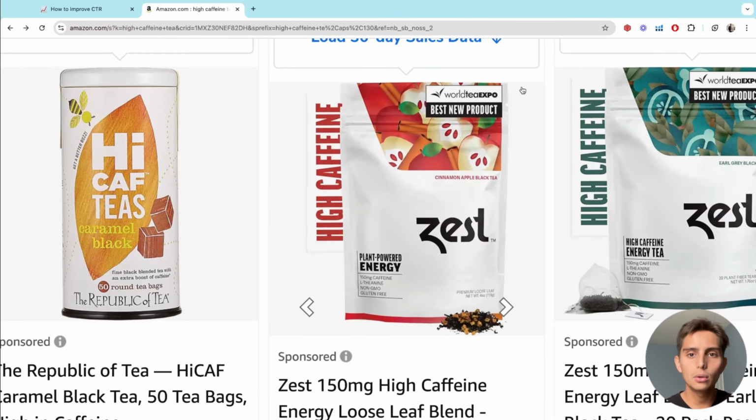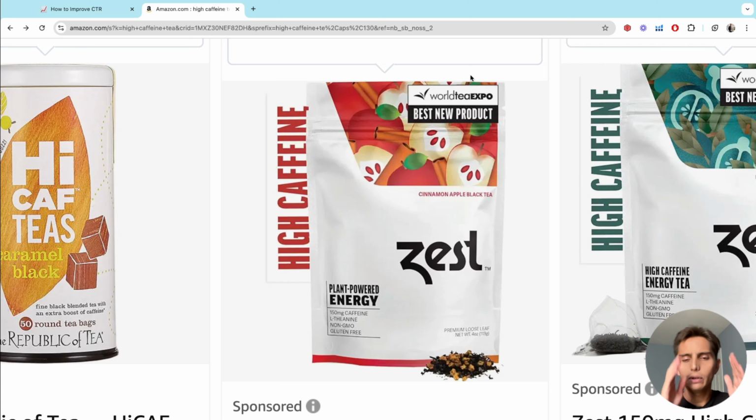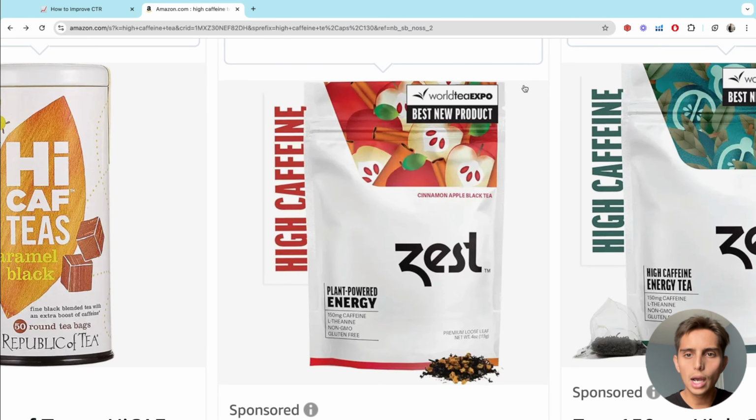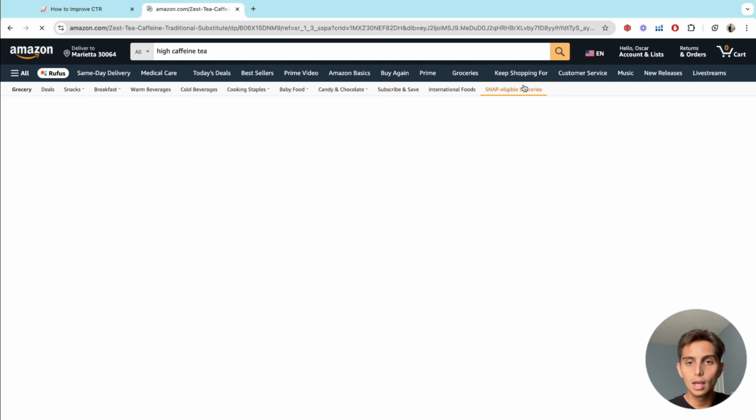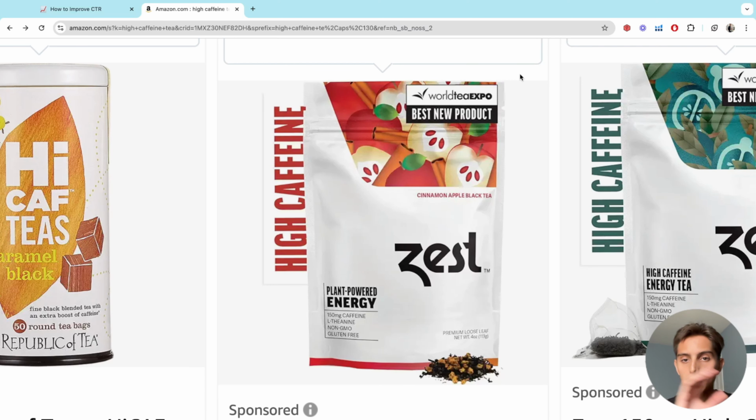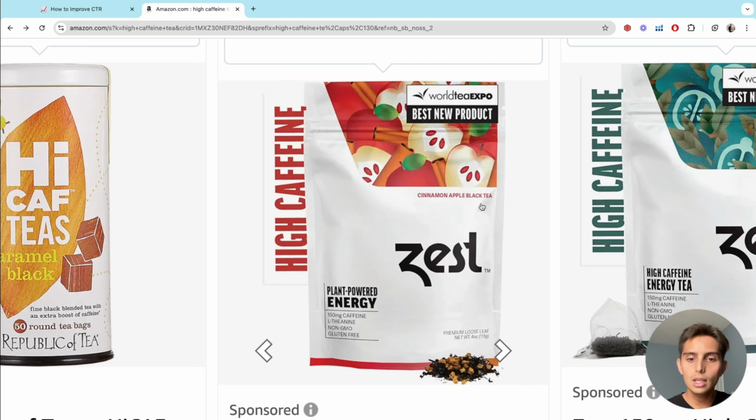It's a rectangular product, so it makes sense. But see how the space finishes here? This seller is taking advantage of every single white space here. So that's exactly what we should do.